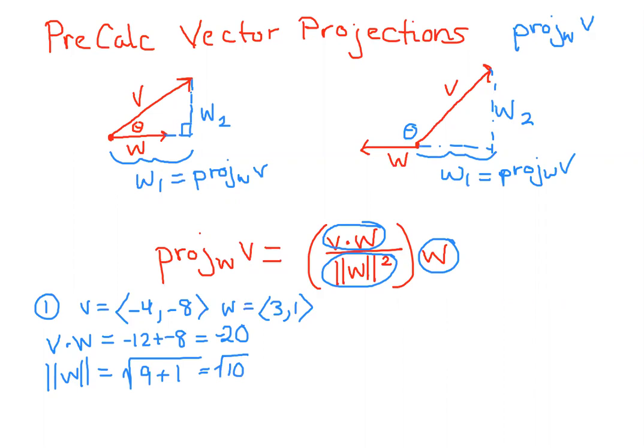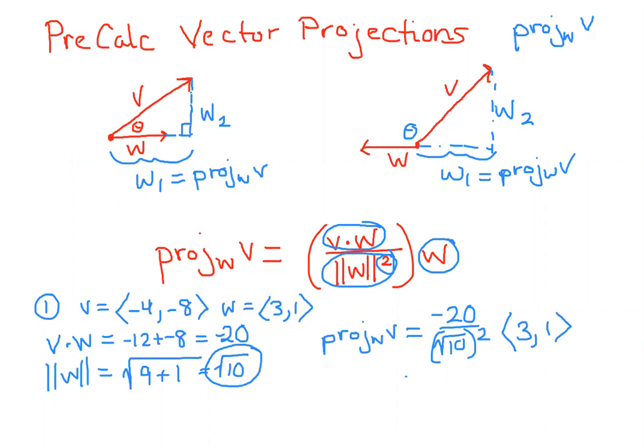Now here, you don't ever need to simplify this. The square root of 10 doesn't simplify, but if it does, don't even worry about it, because look, we're going to square it, so the square root is going to go away. So the projection of V onto W is -20 over the square root of 10 squared times the vector W. Okay, this right here is just a number.